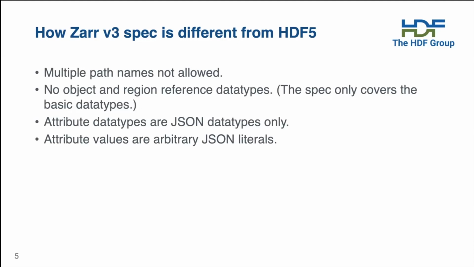In terms of attribute values, they are really any type of JSON literal, which is kind of exactly the same case for the HSDS schema right now, although the HSDS schema is much more specific and aligned with HDF5 data types. So every HDF5 attribute in the HSDS schema has a data type.